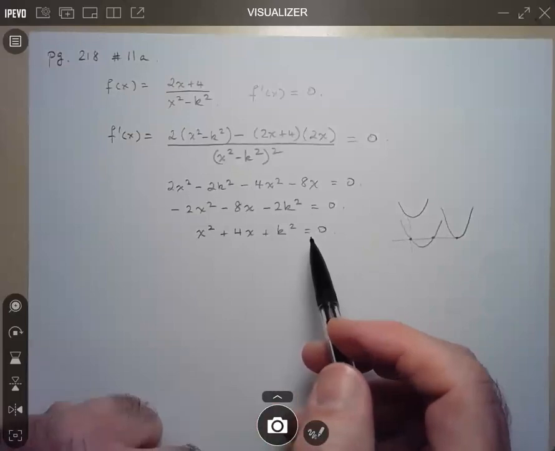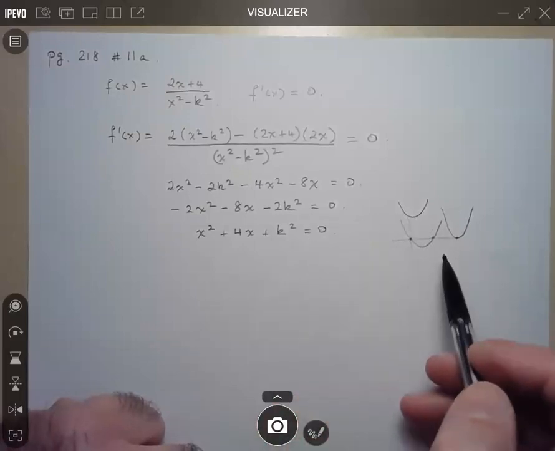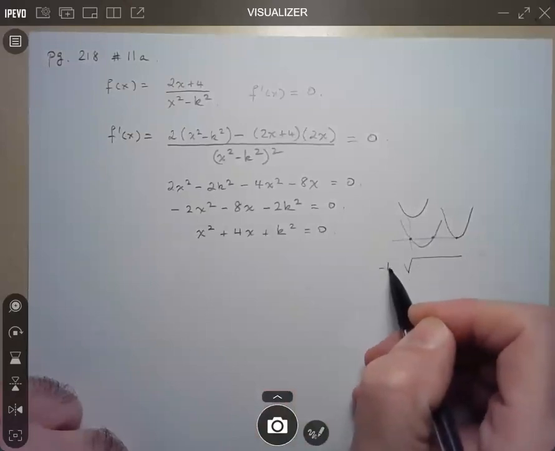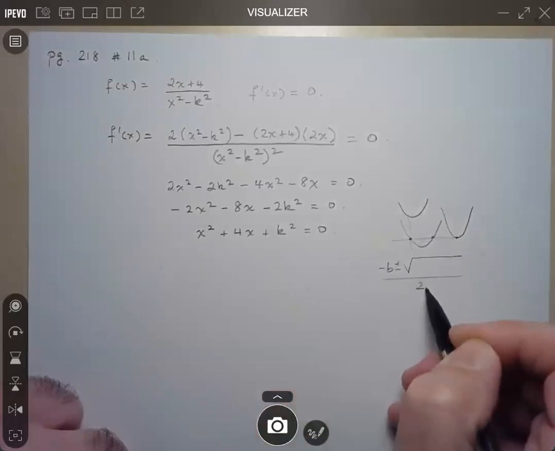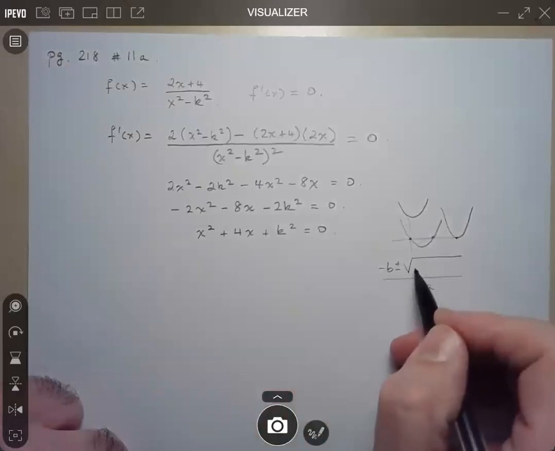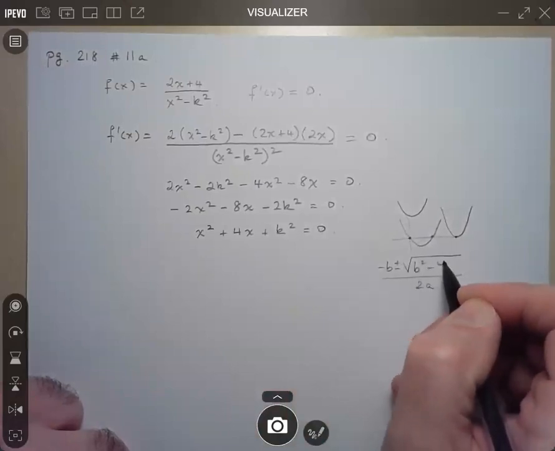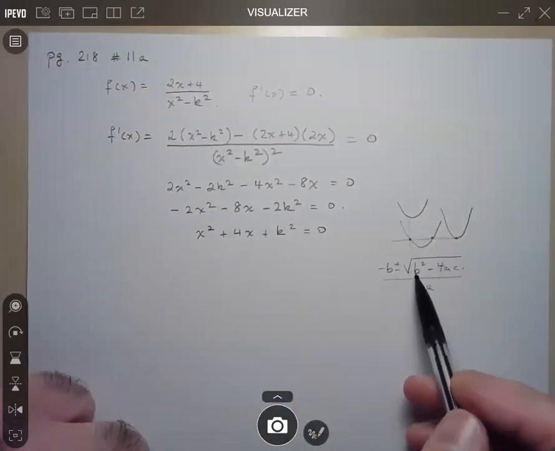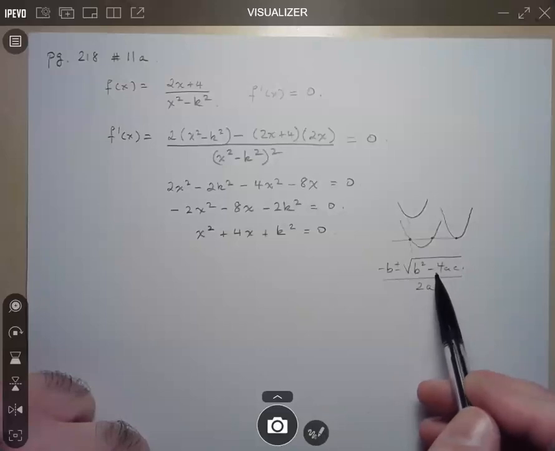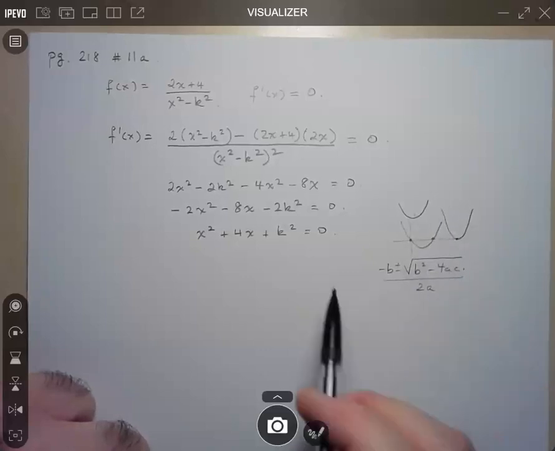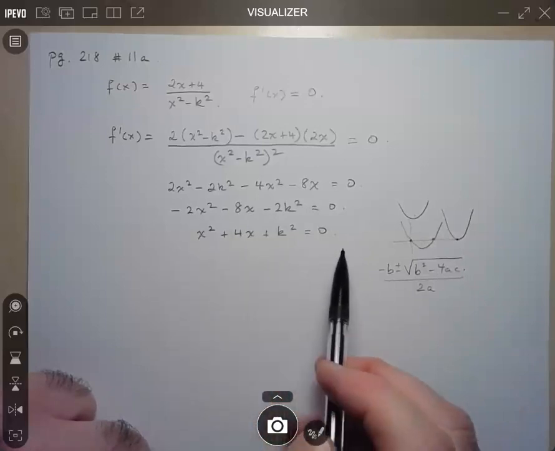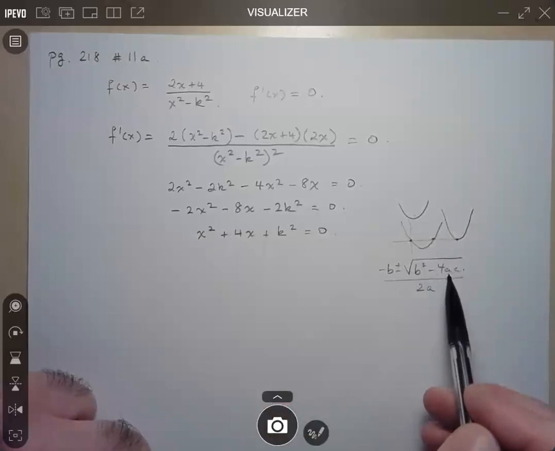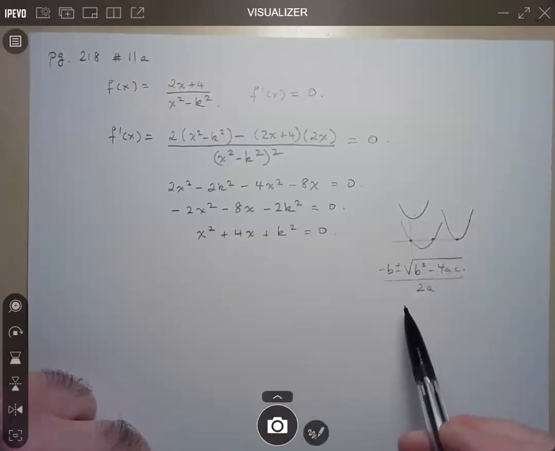In the quadratic formula, the portion inside of the square root cannot be less than 0. If it is less than 0, then there won't be any x-intercepts. So in order for this quadratic to have x-intercepts, the discriminant, b squared minus 4ac, has to be bigger than or equal to 0.